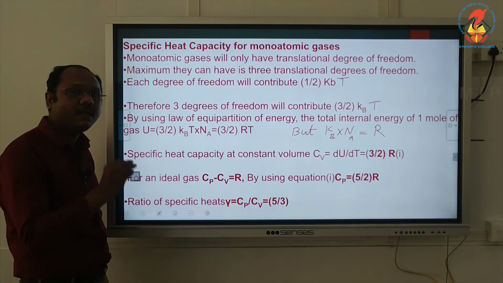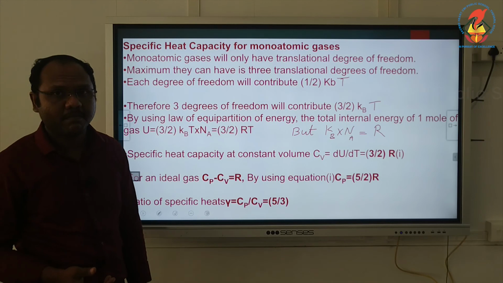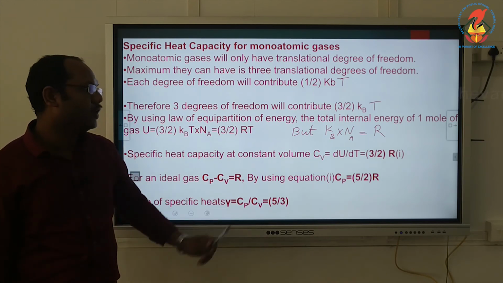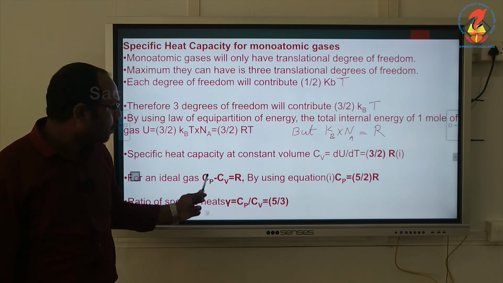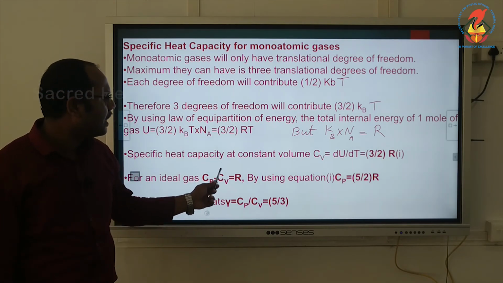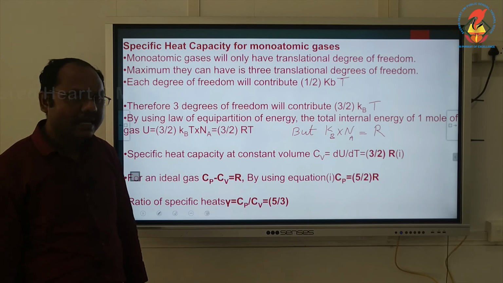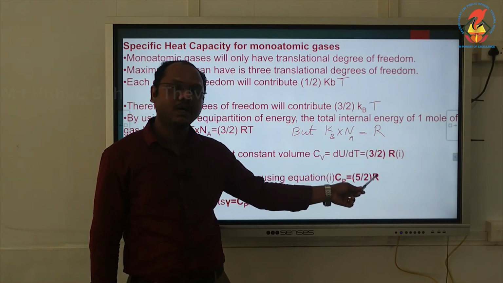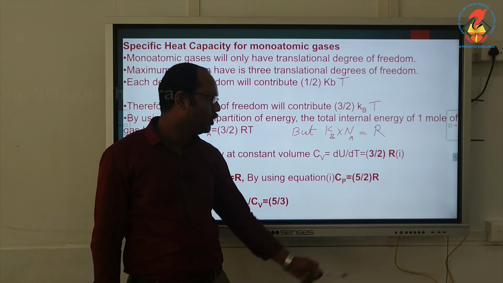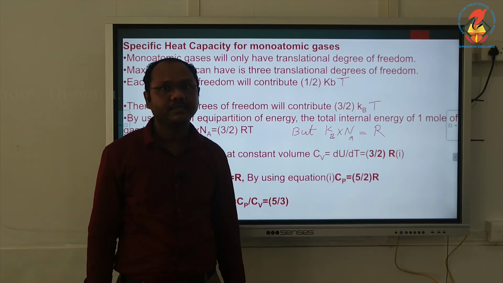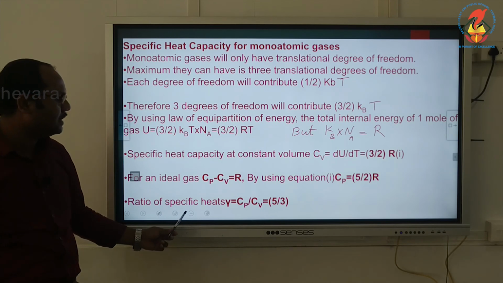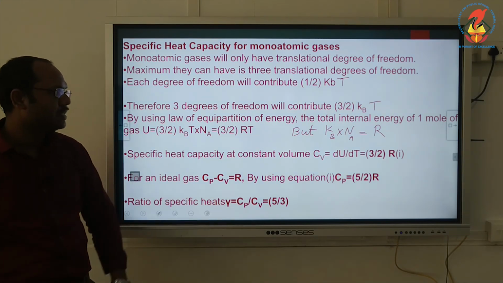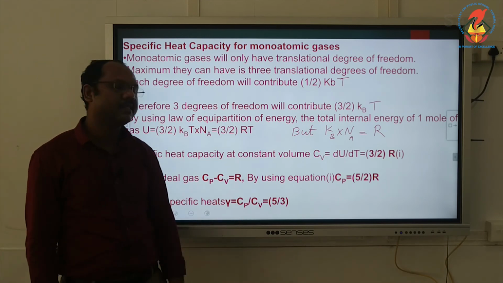Now, we studied Mayer's relation in thermodynamics, that is Cp minus Cv is equal to R. So Cp is R plus Cv, that means R plus 3 by 2 R, which is 5 by 2 R. So you got Cv, you got Cp. What is the ratio of specific heats? The ratio of specific heats is gamma. Gamma is equal to Cp by Cv, that is 5 by 3.